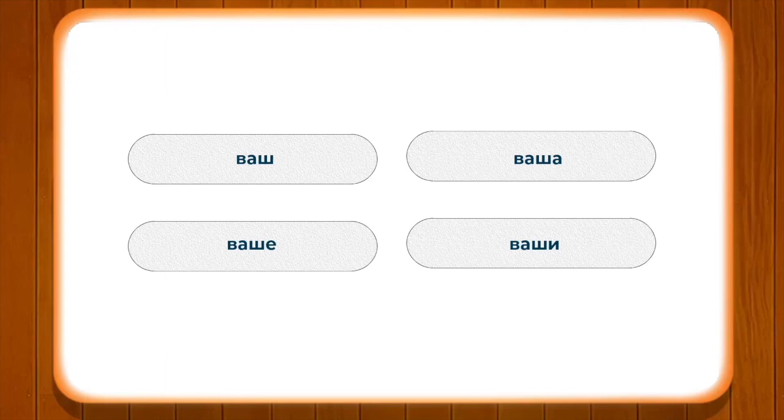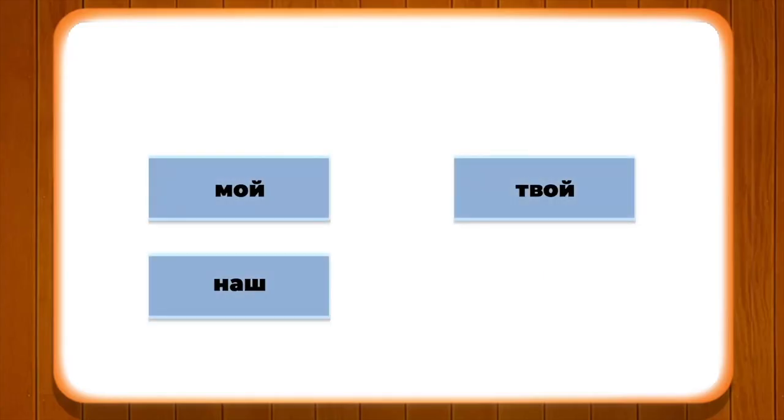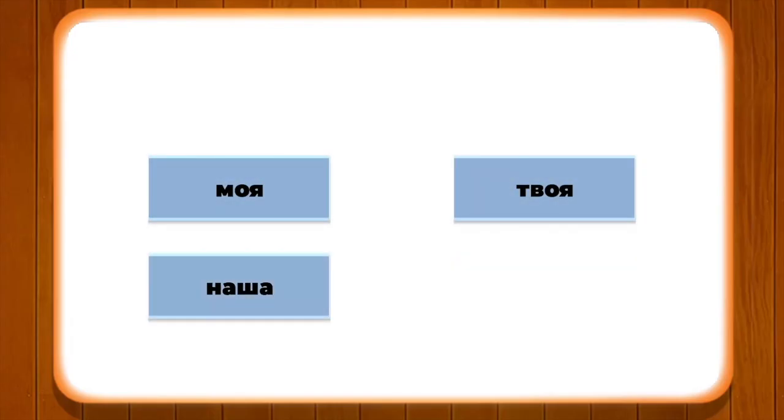Here you will see certain examples in a very clear format. We have shown how to use all these different possessive pronouns together. Moy, tvoy, nash, vash. So it is masculine. In the second line you can see moya, tvoya, nasha, vasha.